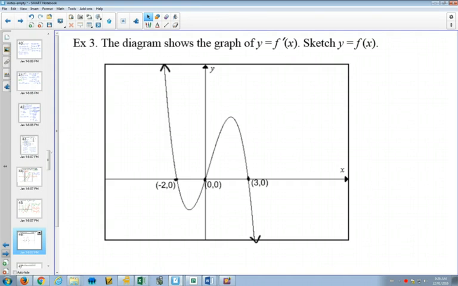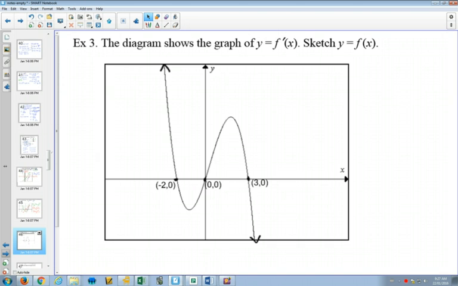So now the first two were straightforward in that you started with the graph of your original function and moved to your derivative and then moved to your second derivative. Now we're going to mess it up a little bit more. Now we're starting with the graph of our derivative. And now we have to think, what was our original graph and what did it look like?